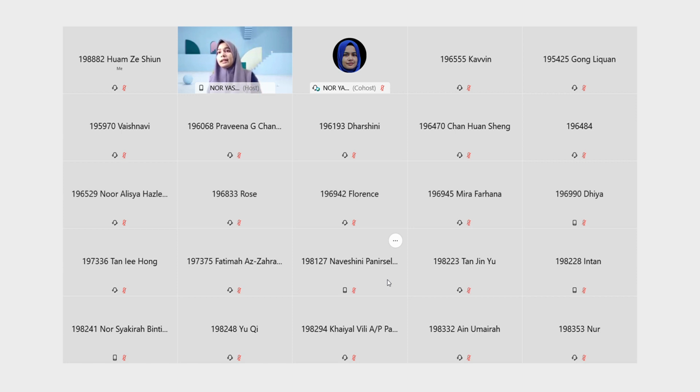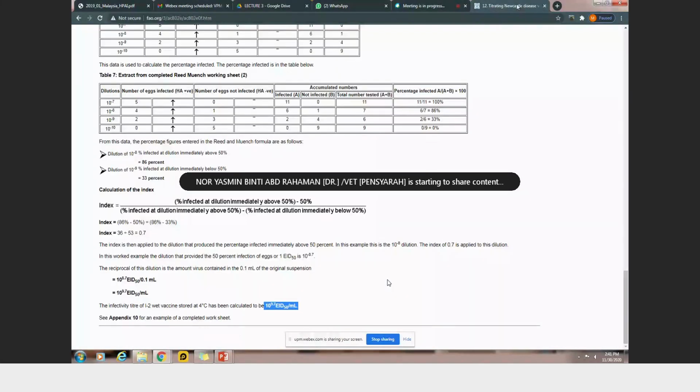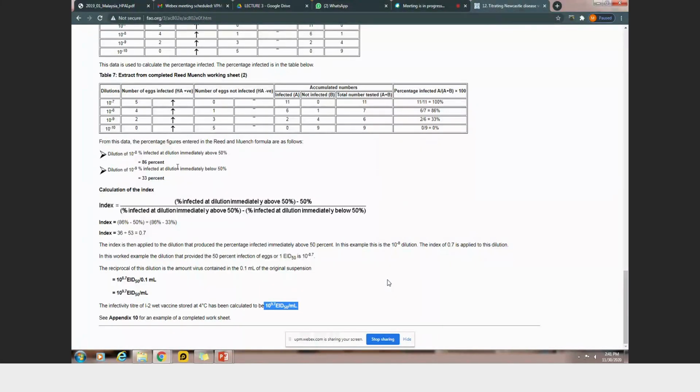You got it? Hello, doctor. Yes? For the dilution, right? So we choose the figure that is nearest to the 50. Yeah, above 50. So if for example we have 70, we take 70 or 86? For example, we have another figure above 50 in the diagram.